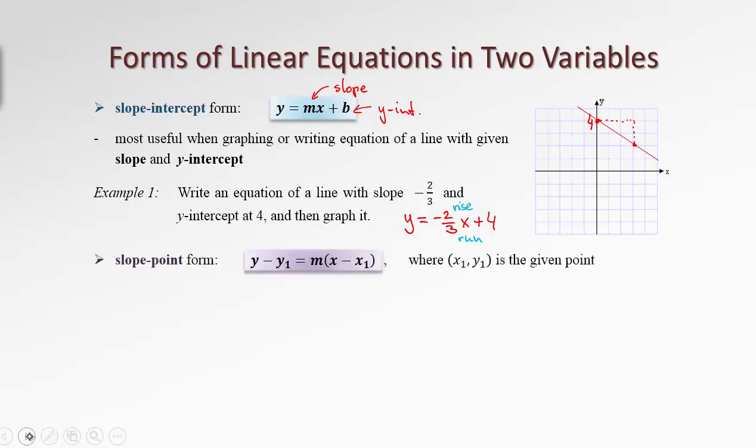Let's see the next form of linear equation. That's the slope-point form. If we know one point that belongs to the line with coordinates x1, y1, and we know the slope of this line, this is the easiest form to write the equation of a line. We use the slope m here. x and y are the variables, however x1 and y1 are the coordinates of the given point.